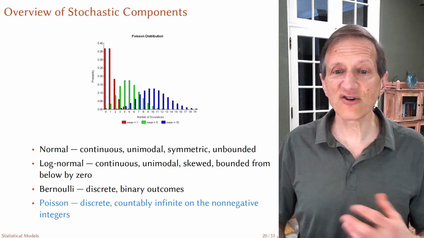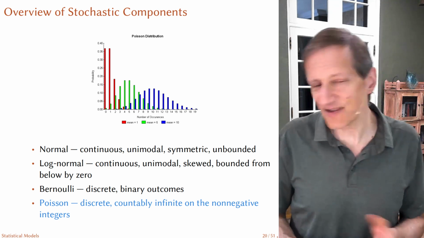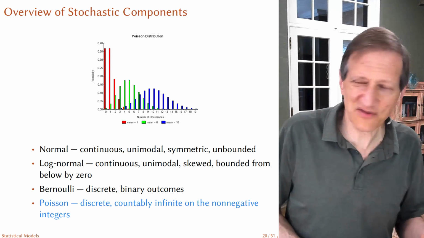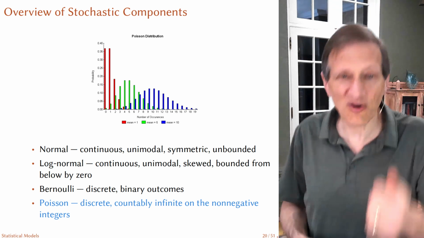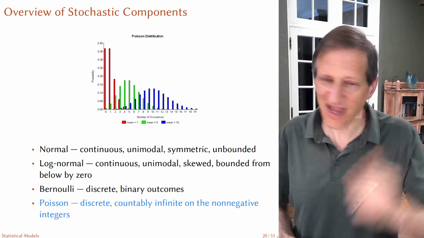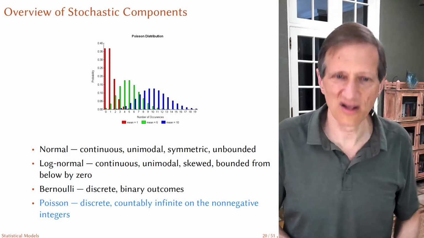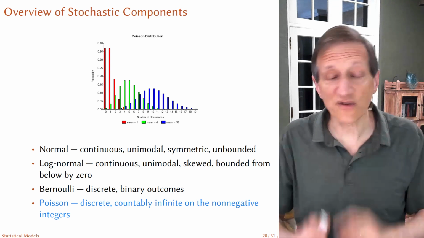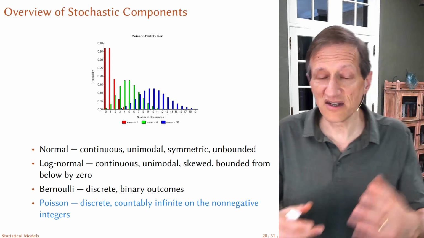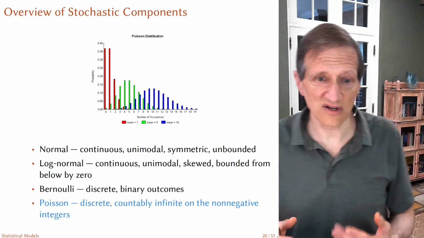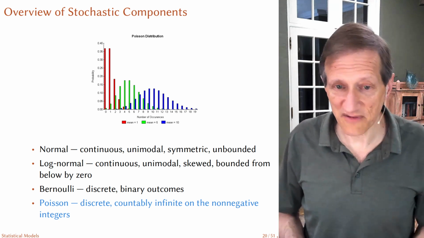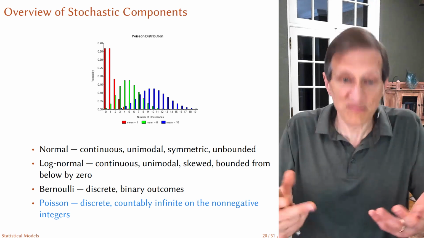It's countably infinite on the non-negative integers, which just means it can't be negative, and it can be 0, 1, 2, 3, all the way on up. But it can't be 2.3, and it can't be -4. And that's very useful to count the number of coups d'état or the number of suicides, or the numbers, basically.